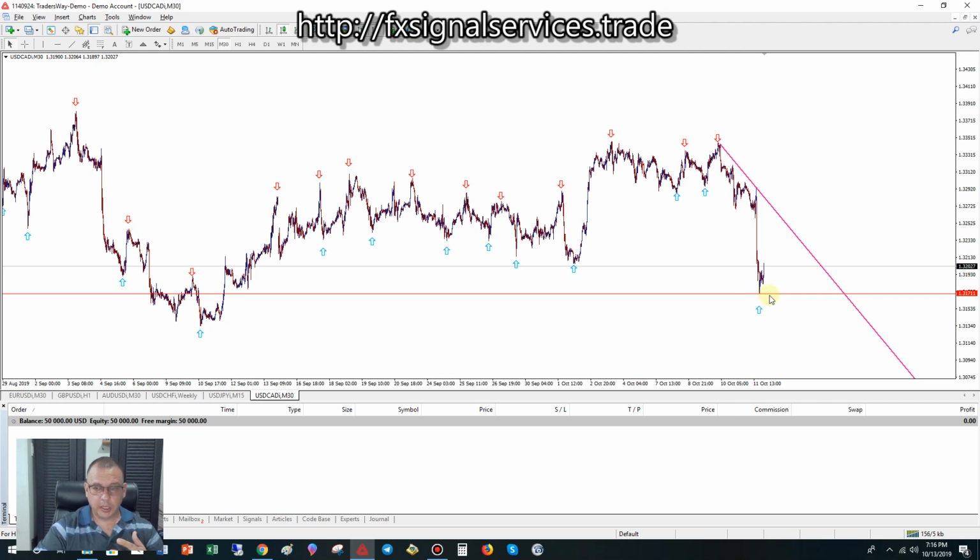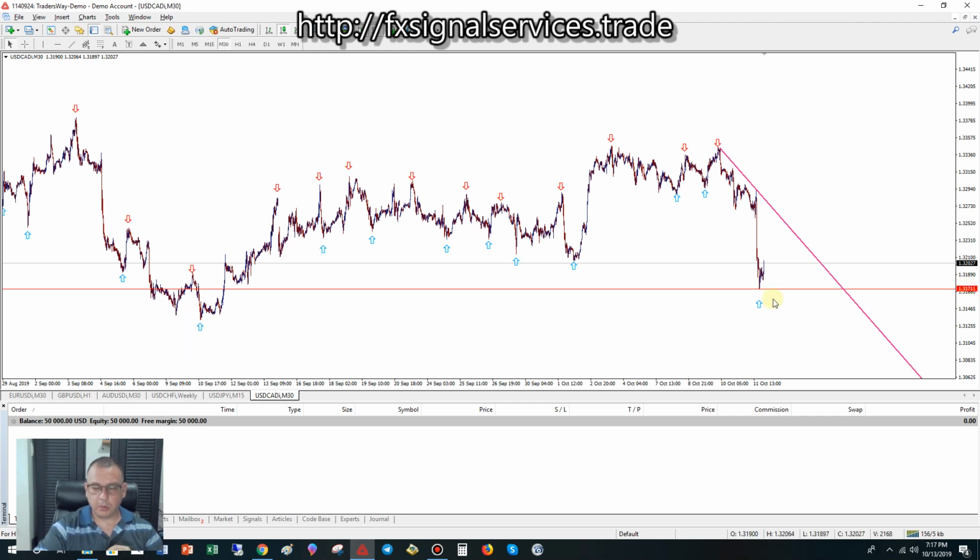It could maintain, and like I said earlier, if this support line is broken on the 30-minute chart, then you really want to hop into a sell trade. You could probably put a pending sell stop order about 200 pips below this, which is not much.